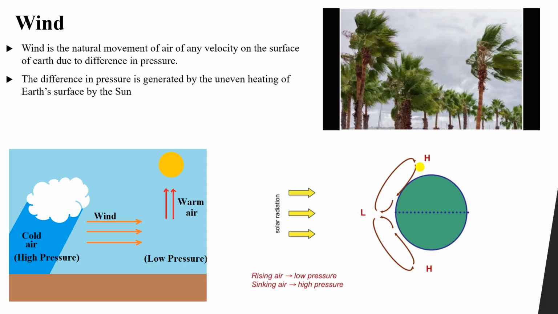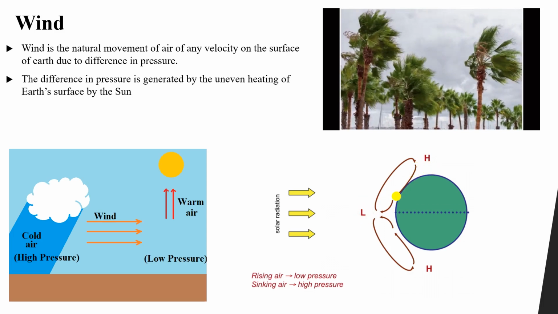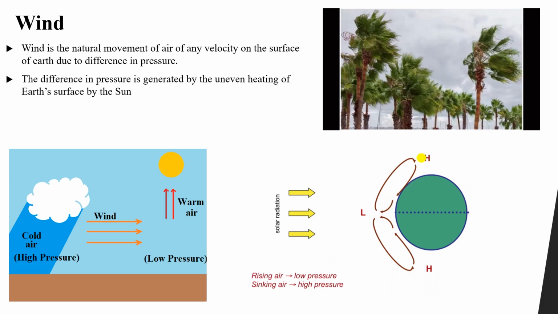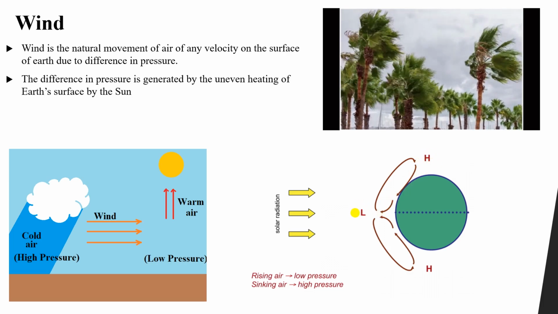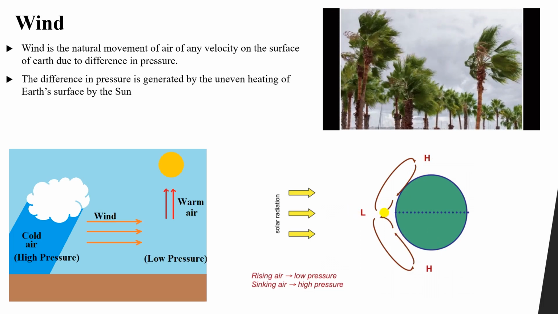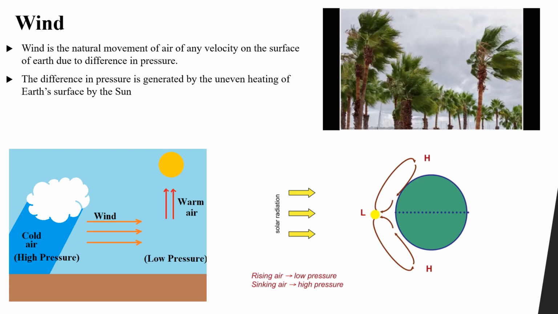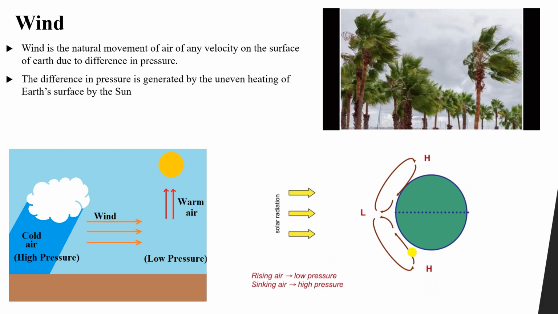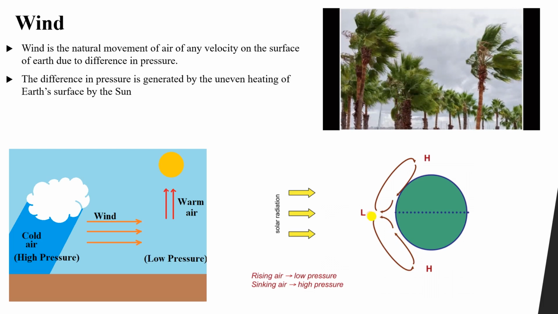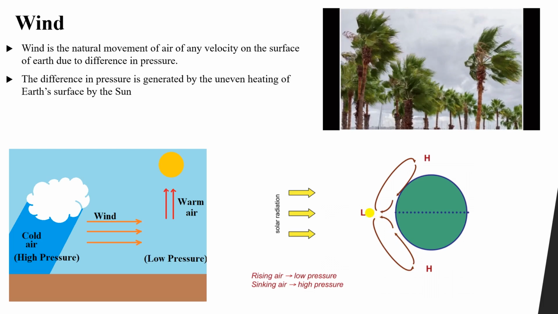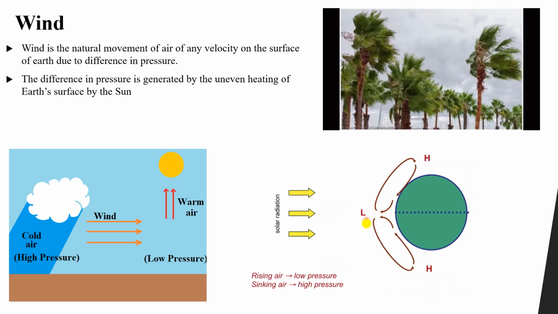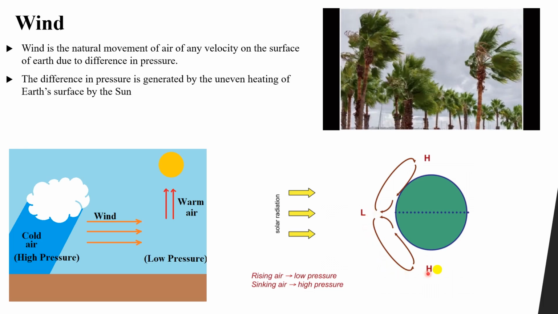So as you can see, air will start moving, or the wind will start blowing, from the high pressure area to the low pressure area. Same as here, high to low pressure. Now in this location, when the warm air coming from here to here starts to rise, or its pressure decreases, it will return back to the high pressure area.